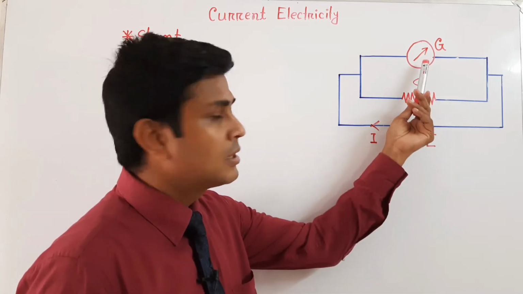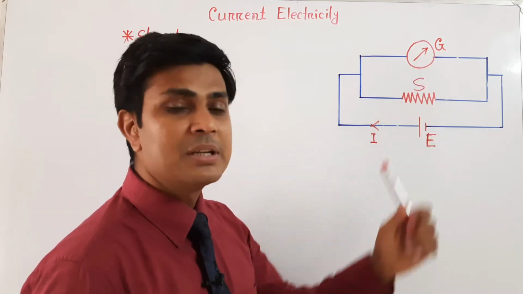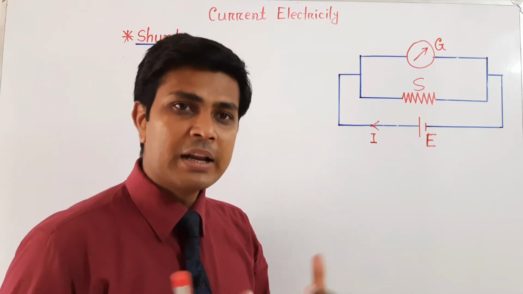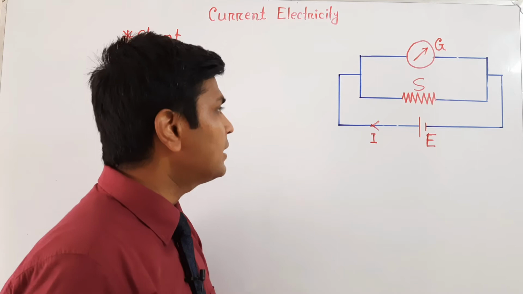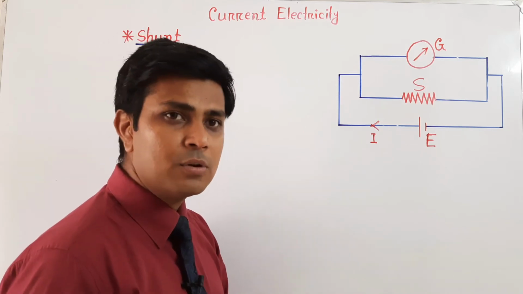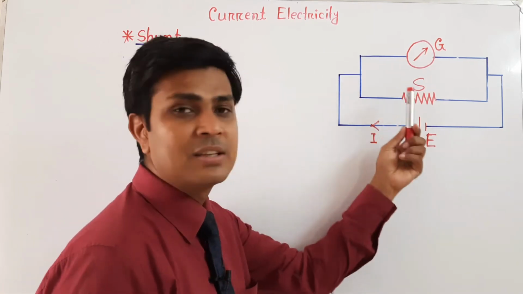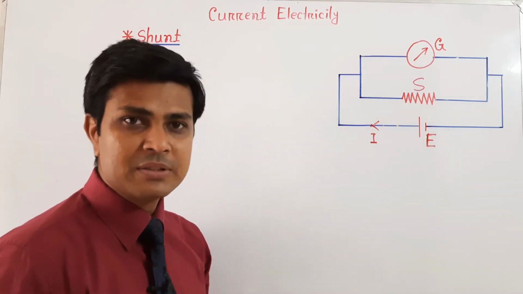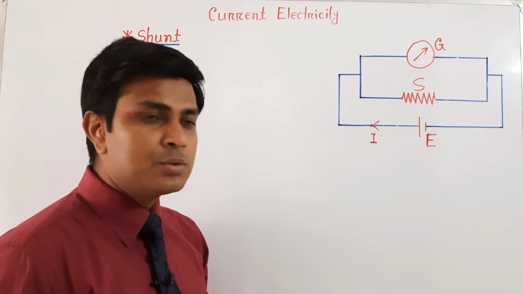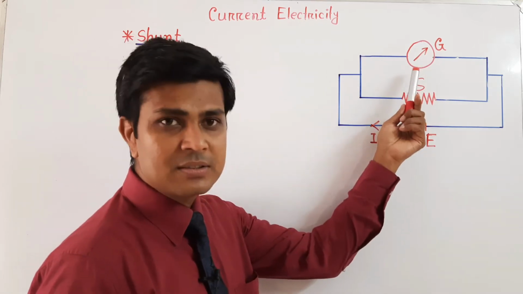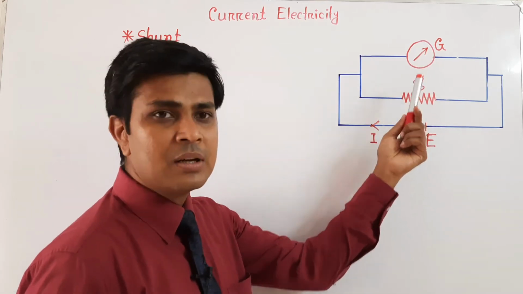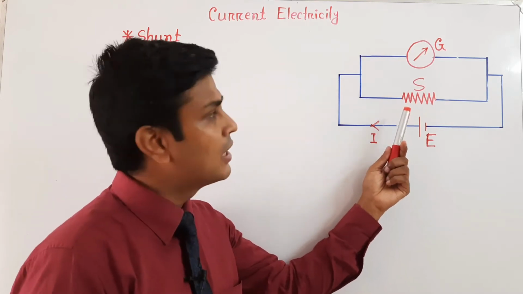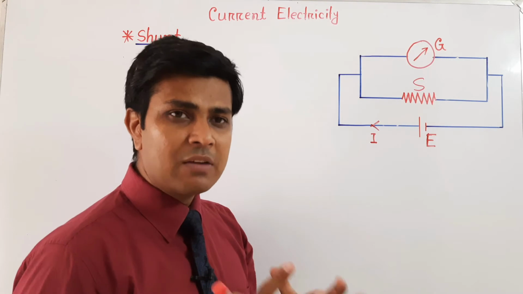Actually, in this galvanometer there is a coil, and there is a range of current flow for the coil. If the current flow is more than this range, then this coil will be burned and this sensitive device will be damaged. That is why, to save a sensitive device such as a galvanometer, we arrange another very small amount of resistance parallel to this galvanometer.